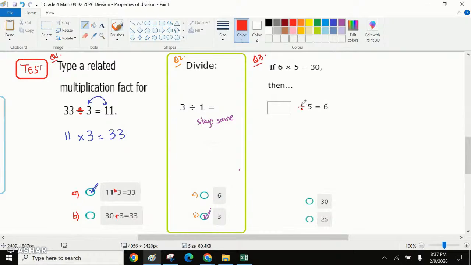Then which number divided by 5 would be equal to 6? Thank you, Nate. Yes. 30 divided by 5 would be equal to 6, right? Thank you, Nate. Thank you, May.